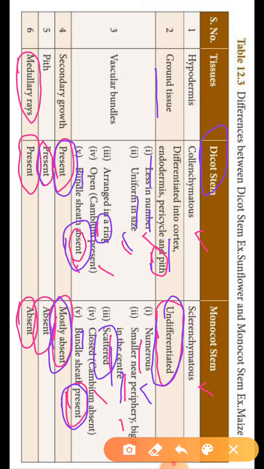Pith is present in dicot, absent in monocot. Medullary rays are present in dicot stem and absent in monocot stem. My dears, can you understand? Very good. What are the examples of dicot stem and monocot stem? Sunflower is the example of dicot stem. Maize is the example of monocot stem.